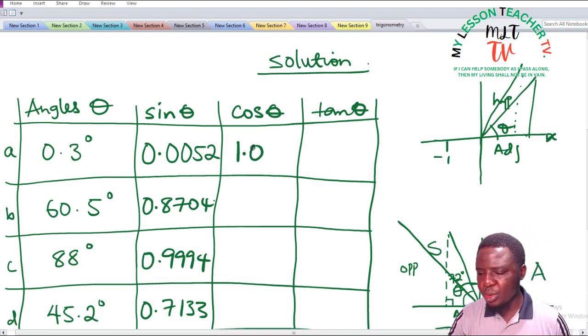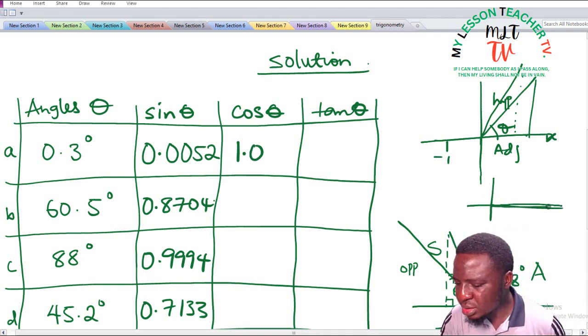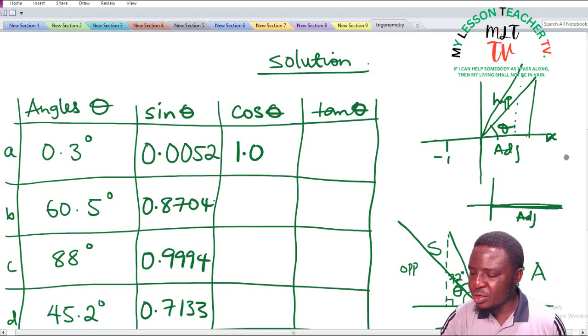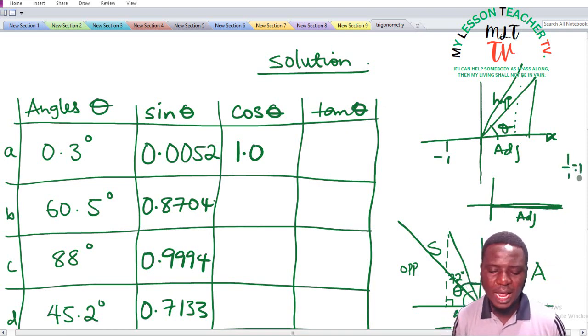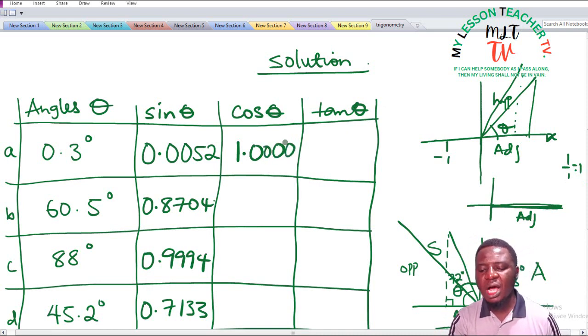It's still approximately 1.0, because at this point, when the angle is still this 0.3, the adjacent side is said to be equal to the hypotenuse. So you still have it to be 1 divided by 1, which is 1 approximately. Okay, so that's why it's giving us 1.0000. Now your angles are always written to 4 decimal places.